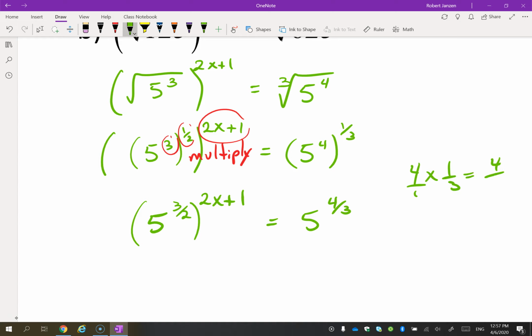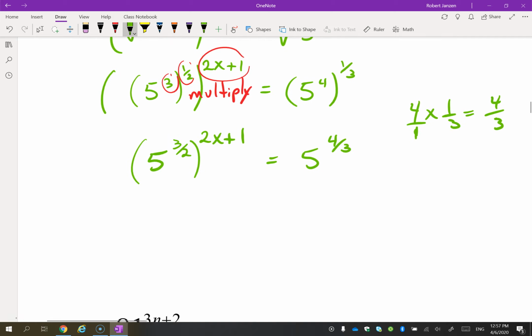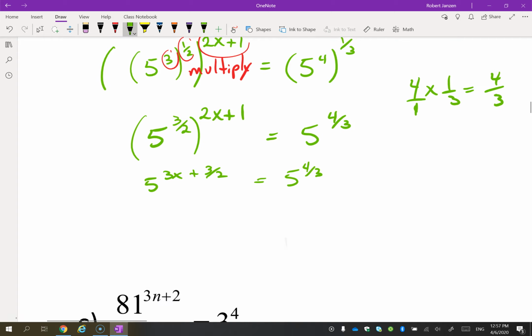And so you do not need common denominators to multiply fractions. Okay, so then we're going to get 5. What's 3 halves times 2? It's 6 halves, which is 3x, plus 3 halves equals 5 to the power of 4/3.